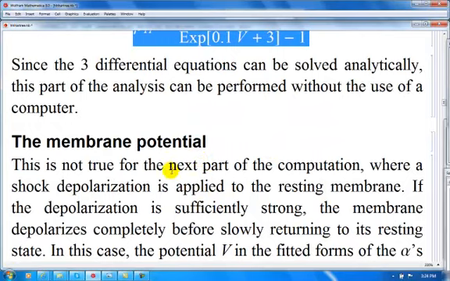This is not true for the next part of the computation, where a shock depolarization is applied to the resting membrane. And if the depolarization is sufficiently strong, the membrane depolarizes completely before slowly returning to its resting state.